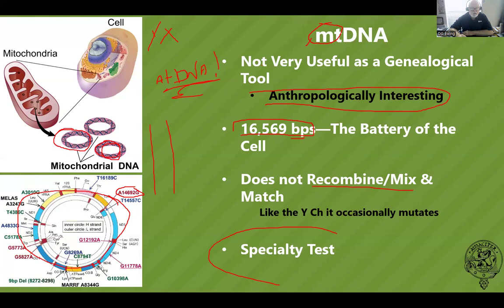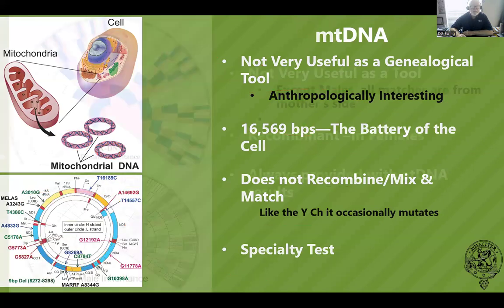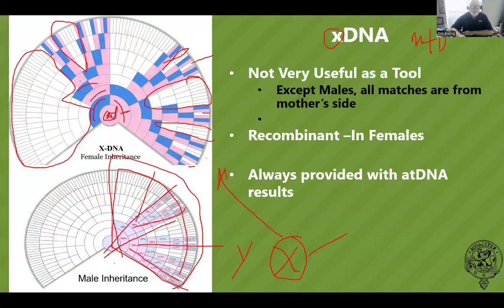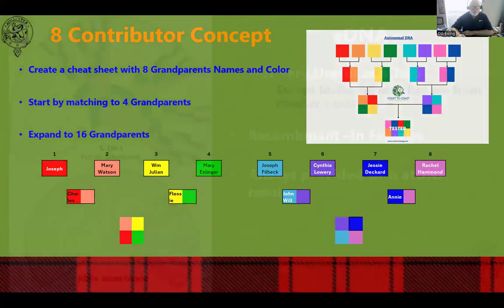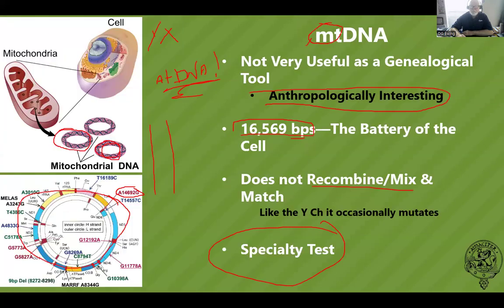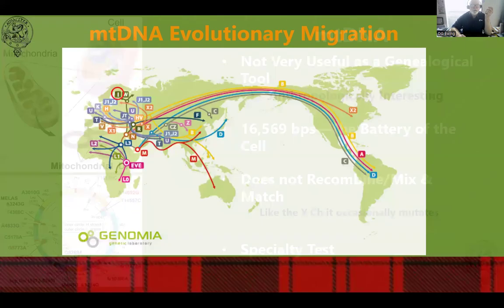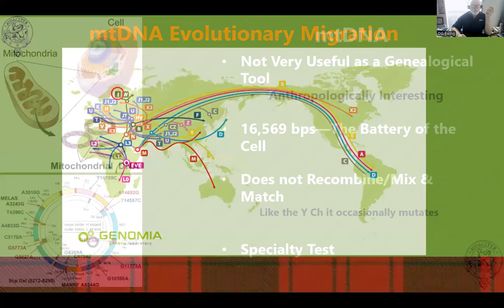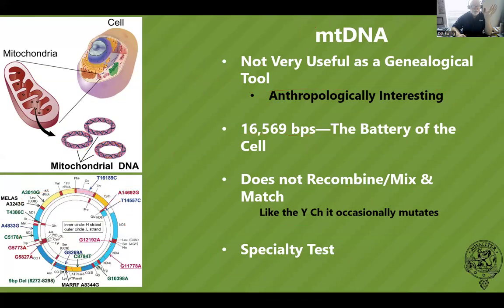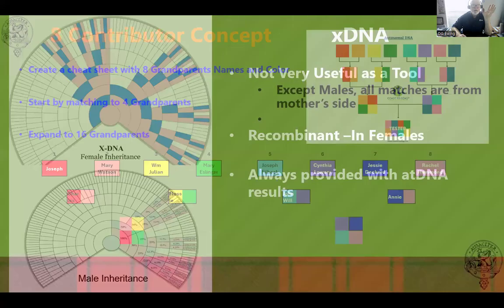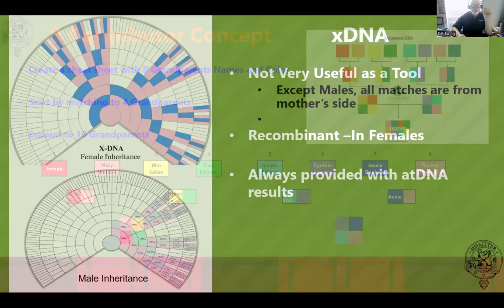It is a specialty test. You have to order it special, unlike the X, which comes with your AT results. Okay. So when you order from 23andMe or Ancestry or one of the main labs, you're going to get your autosomal and your X reported to you.